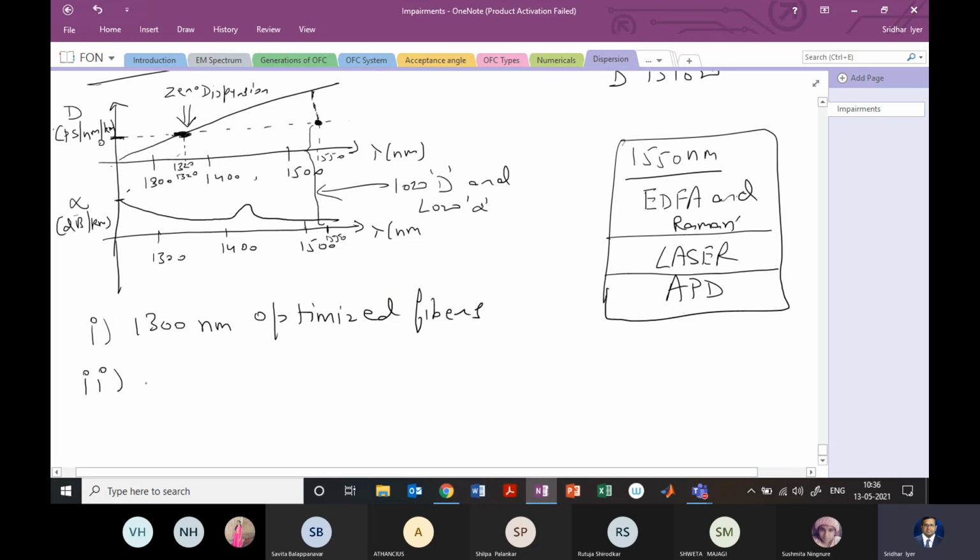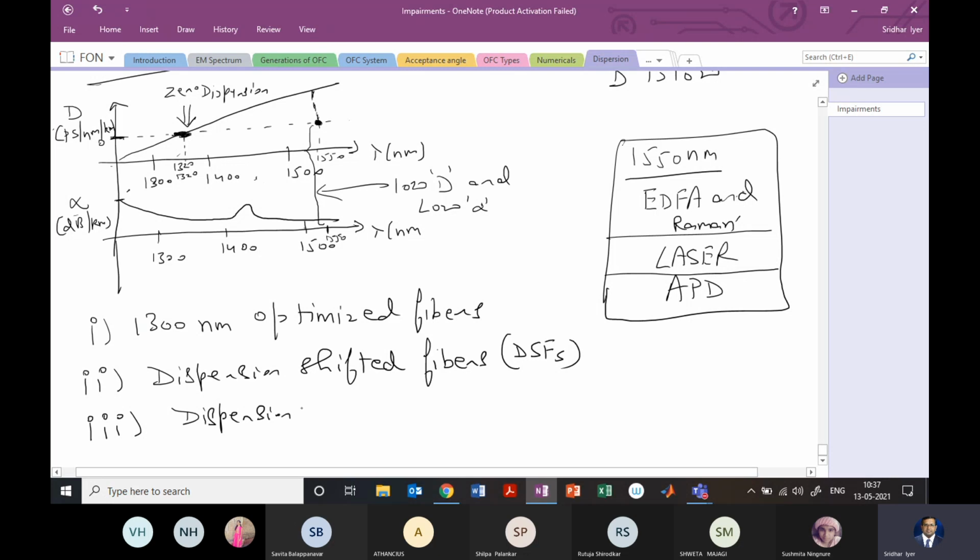The second one is known as the dispersion shifted fibers, in short DSFs, and the third one is known as dispersion flattened fibers, DFFs.